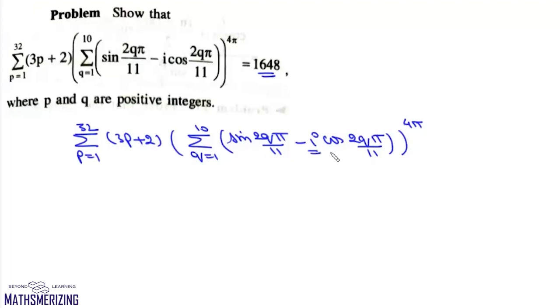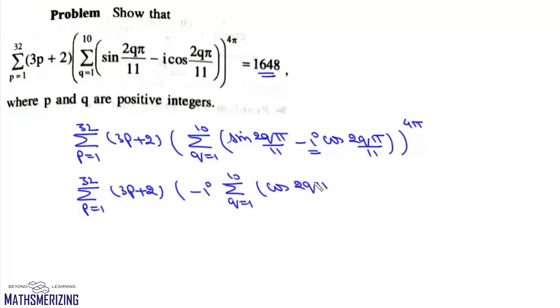Now from this what we'll do is we'll take minus iota common. We can write this as summation P varies from 1 to 32, (3P plus 2), and here we'll get minus iota, and then summation Q varies from 1 to 10 of (cos 2Q pi upon 11 plus iota sine 2Q pi upon 11) whole to the power 4 pi.